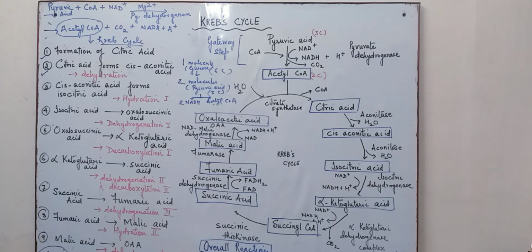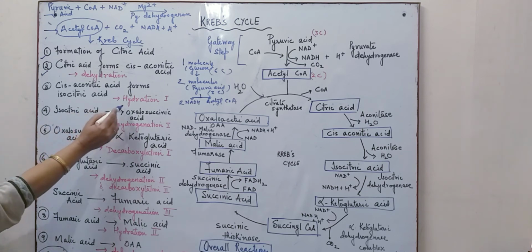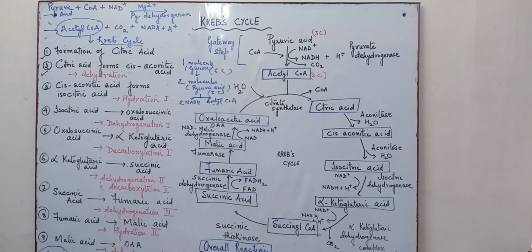The next step is the hydration of cis-aconitic acid, and as a result we have the formation of isocitric acid. Over there the cycle has been marked as aconitase, showing the removal of the water molecule. Instead, it has been wrongly put.